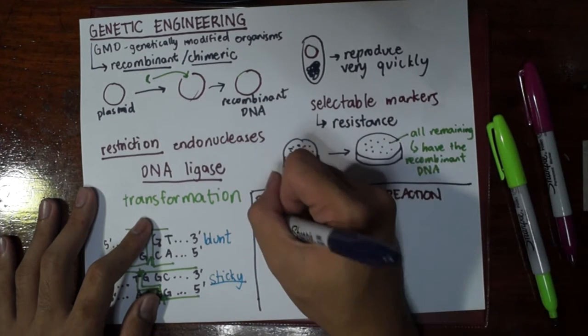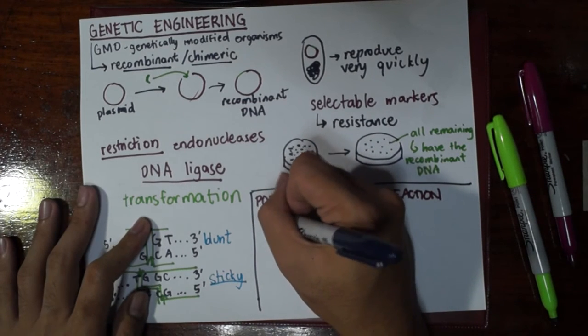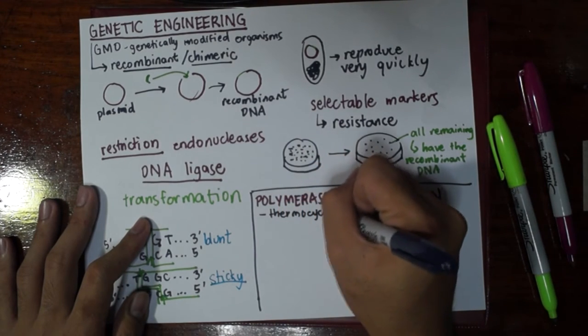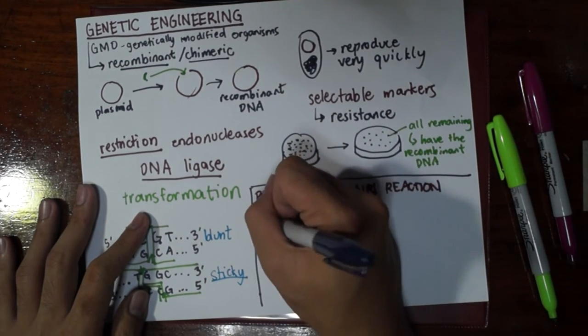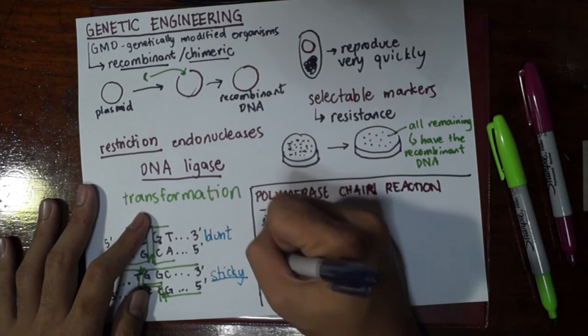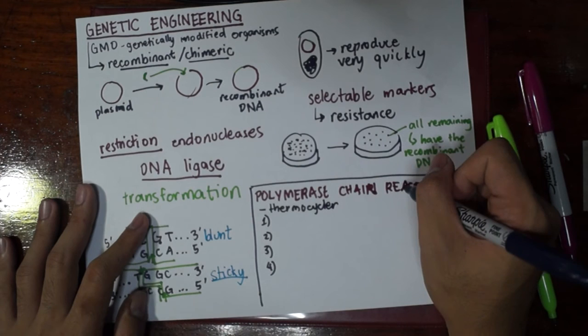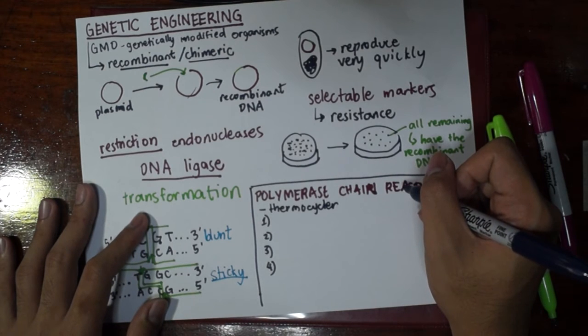And you need here a thermocycler. That's what they use, with several other reagents. You want to produce a lot of DNA in a short span of time, and you need the starting materials.